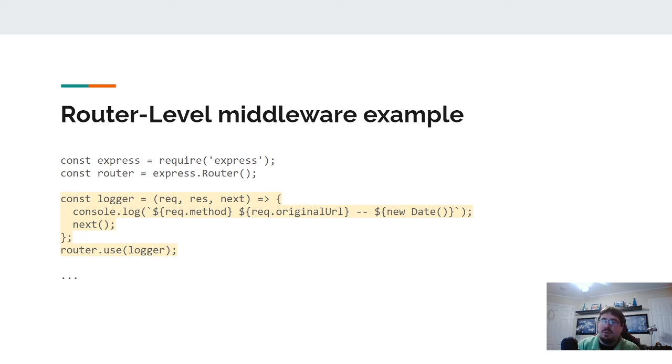So installing at the router level really relies on you having used a prefix in the first place back in server.js, to say that this router only applies to routes that start with X. Otherwise, you're still installing the middleware globally, which is not generally the purpose of installing middleware in the router.